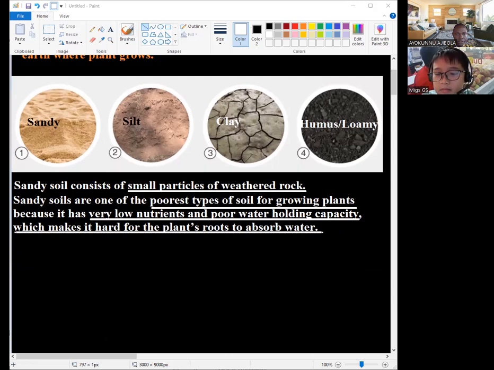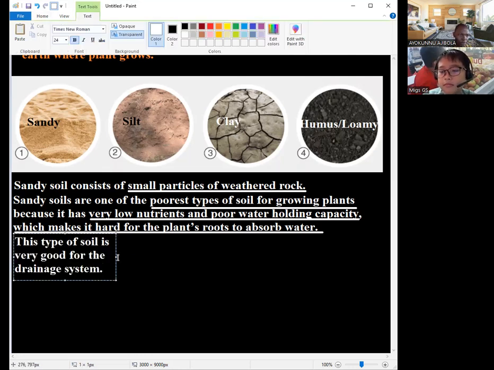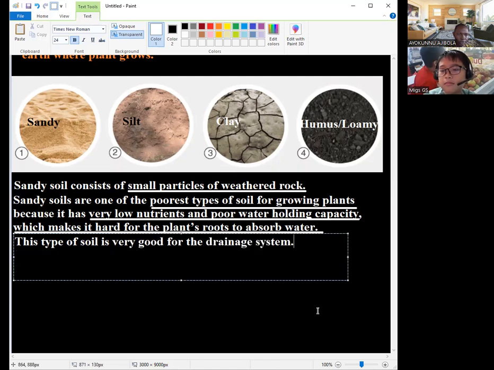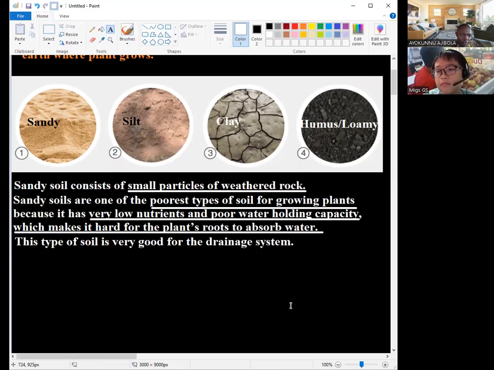Though sandy soil is also good for some other purposes, such as drainage systems, because it allows water to go through easily. So this type of soil is good for making drainage systems.